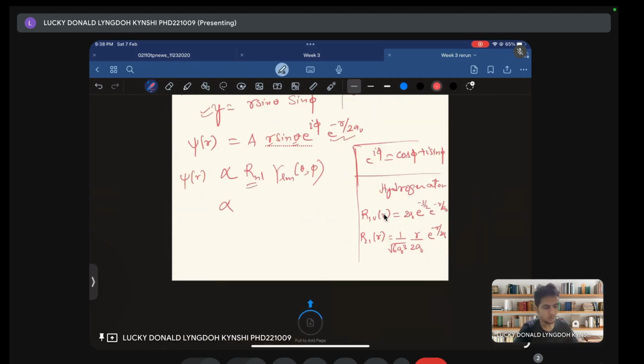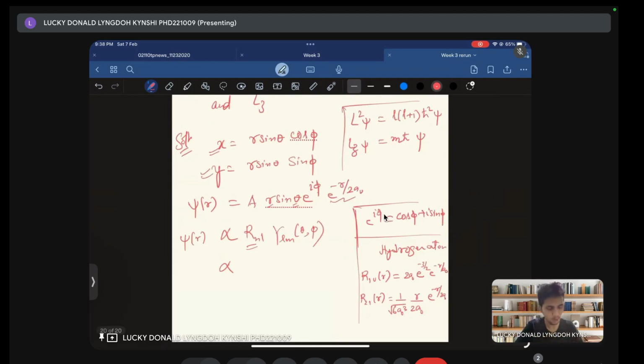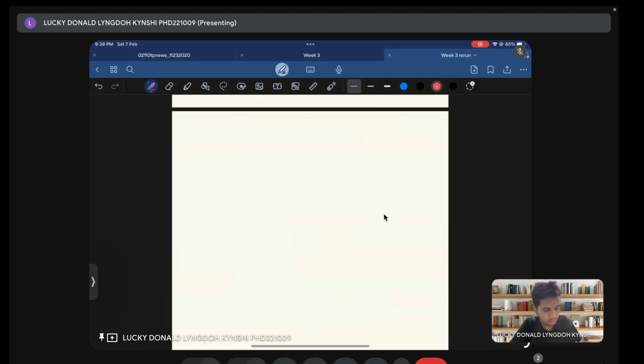Okay, so how do we know this R10, R21? This is a very long problem, so I'll give you only the important details. You can go into the details of the derivation.